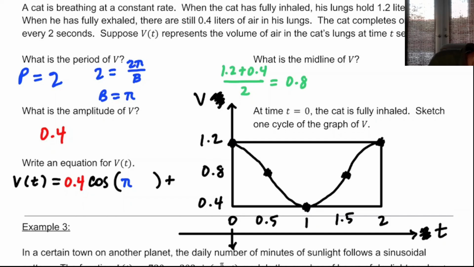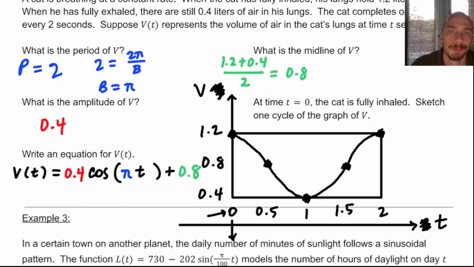The phase shift was 0 because I started right there at t equals 0. So pi times t minus 0. And then the number I add on the outside will be the midline, and that's going to be 0.8. All right, and so that's all for the cat's breathing.